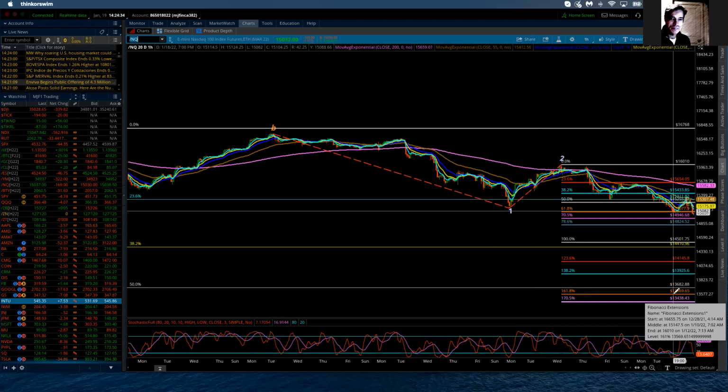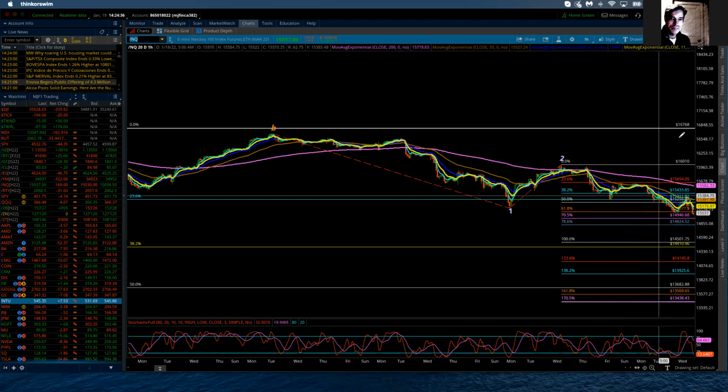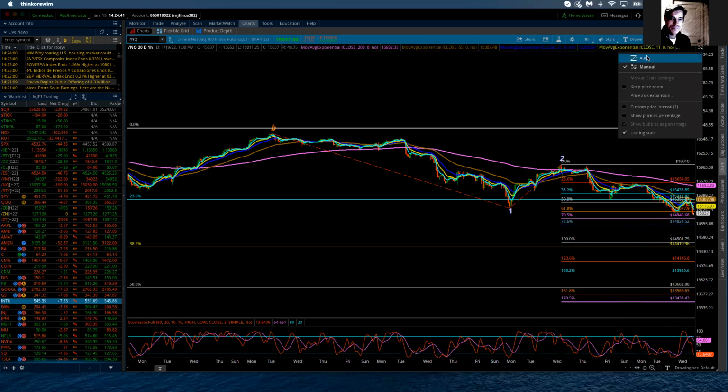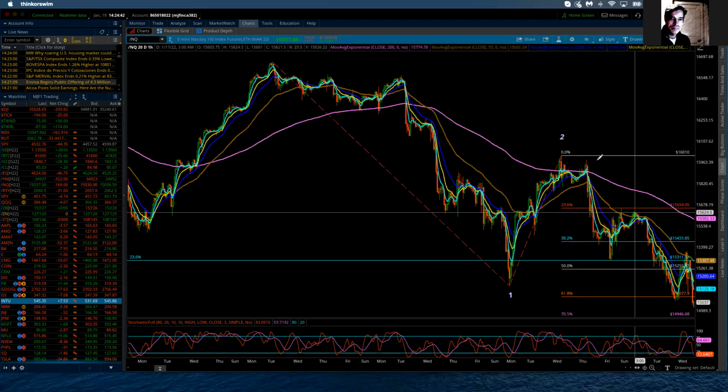So what can we look for? If this is indeed now the count, what that is suggesting is that we're going to start to accelerate. Pretty much, it's going to feel relentless. It should be strong.